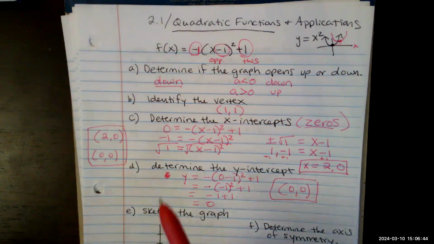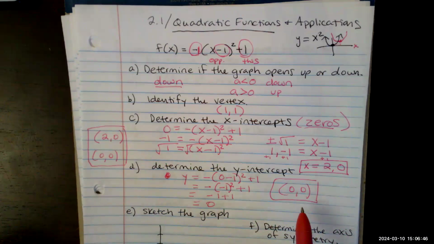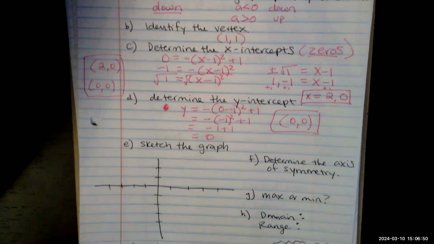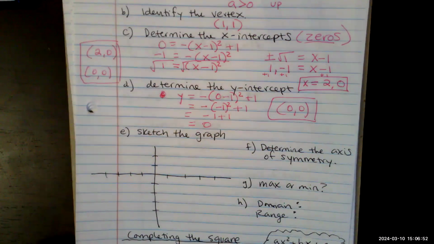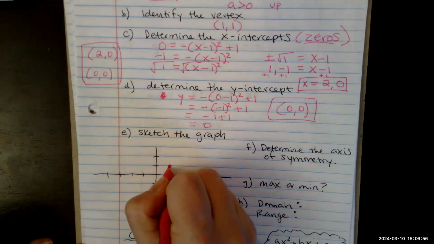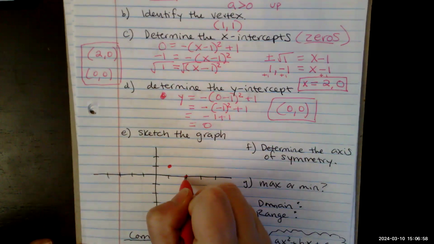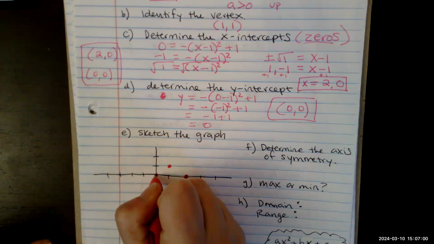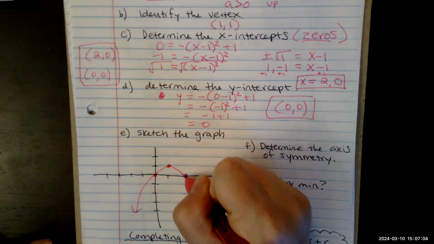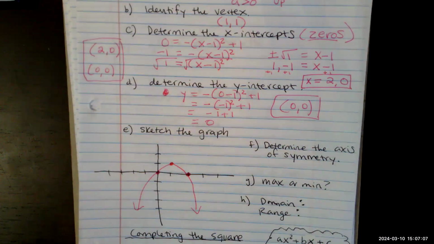So the x-intercept, 0, 0, is the y-intercept, which makes sense. If both are 0 there, then it's going to be an x-intercept and a y-intercept. Okay, that should be enough to sketch. If I know my vertex is at 1, 1, I have a point here and a point here, and I know I'm going down, I must have something like this.